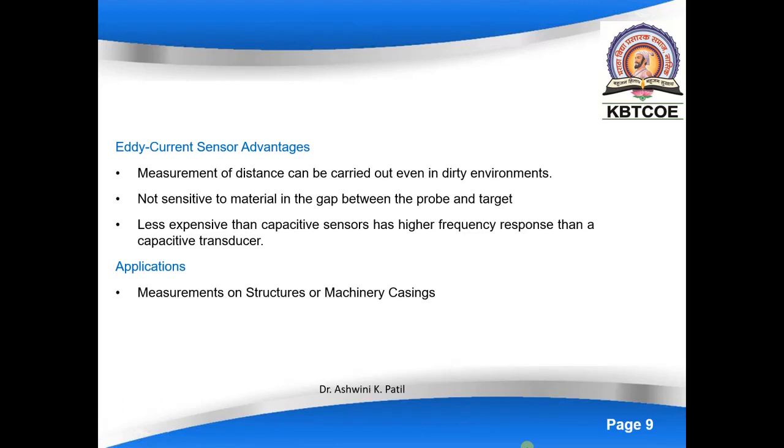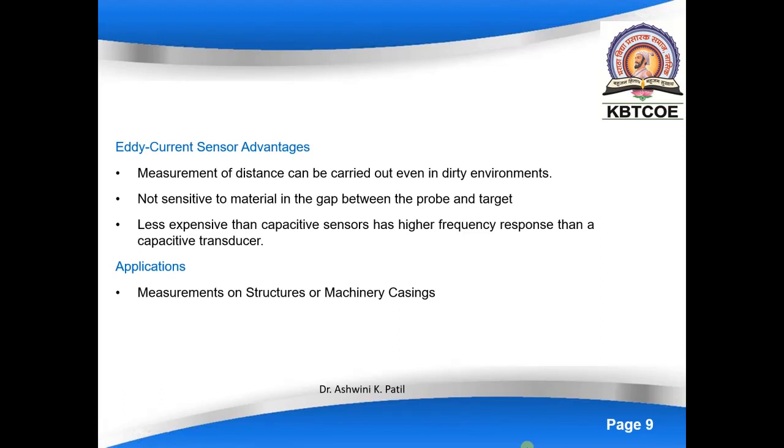Now, advantages of eddy current sensor. Basically, the biggest advantage of these sensors is that they can work in a dirty environment also, and the material or dust particles which may be present in the gap between sensor and object material don't affect the output voltage.